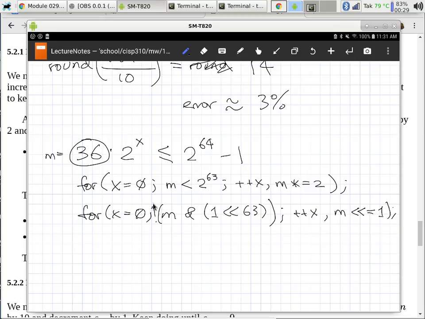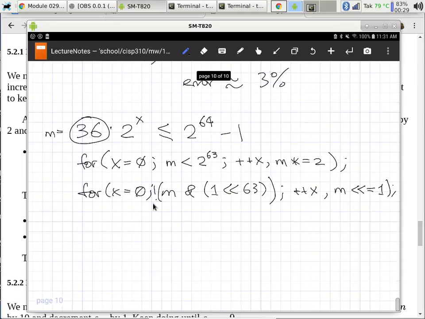Is that okay? But there's one little problem here. There's always that little problem, right? The little problem has to do with when we do rounding, we have to do m plus 5 and then the whole thing divided by 10. So if this m does end up to be a number that's greater than or equal to 2 to the power of 63 minus 4, then we have a problem because adding 5 to it will make the numerator not representable anymore in 64 bits.